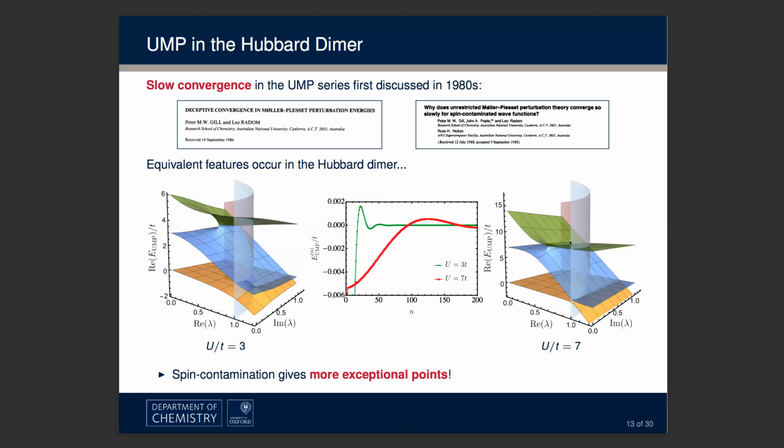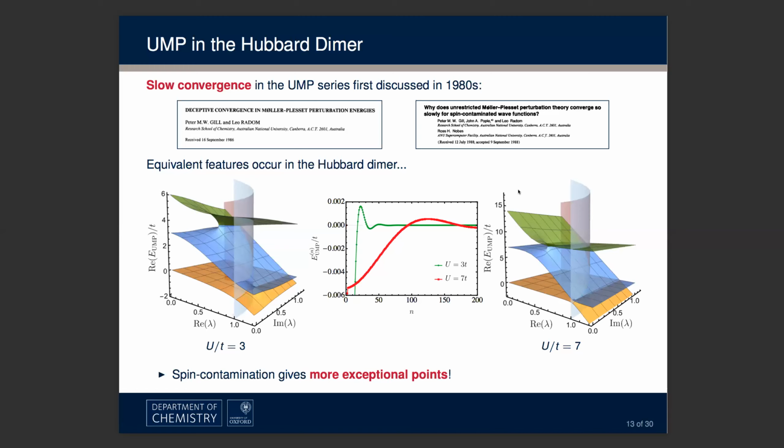On the other hand, if we were to look at our excited state convergence, so take this as our reference point and the blue surface, we would find that it always diverged, because that second exceptional point is always within the radius of convergence.